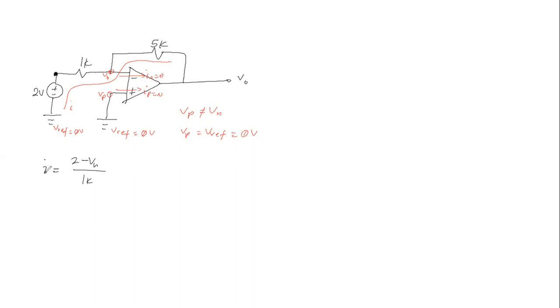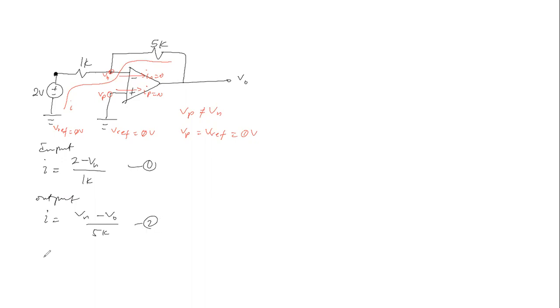Ohm's law at the output is between V sub N and V naught, so I is the same as V sub N minus V naught divided by 5K. Let's say this is our first equation and this is our second equation.